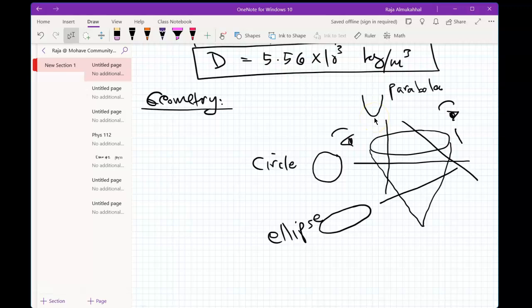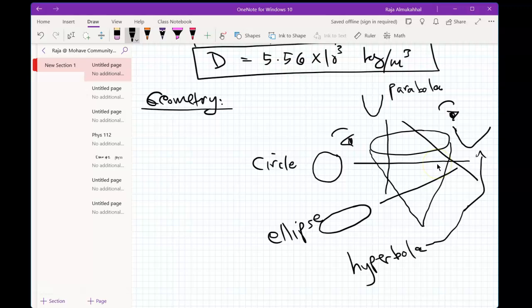More divergent, if you will. Wider. It's kind of hard to draw. Anyway, it's called hyperbola. I'm writing at the edge of the screen, so you're probably not seeing that. It's called hyperbola.